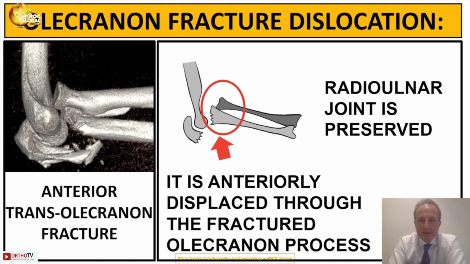The radial head is displaced anteriorly relative to the capitellum, and the radio-ulnar relationship is preserved. Based on the level of comminution of the greater sigmoid notch of the coronoid and of the radial head, the anterior transolecranon fracture dislocation can be divided into simple and complex.